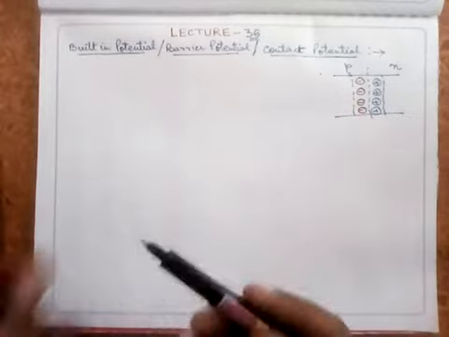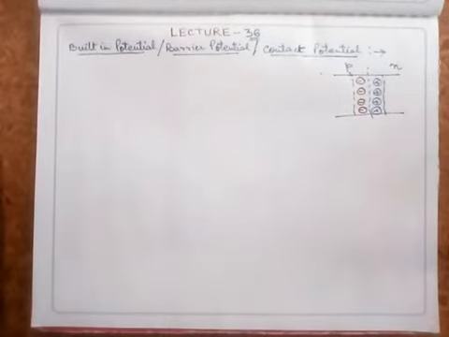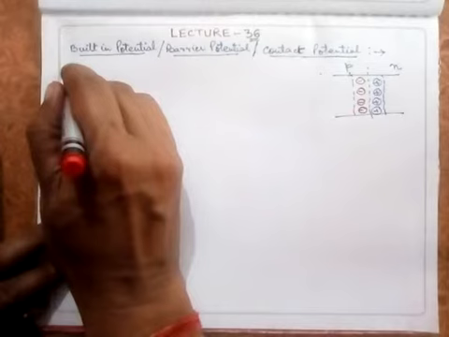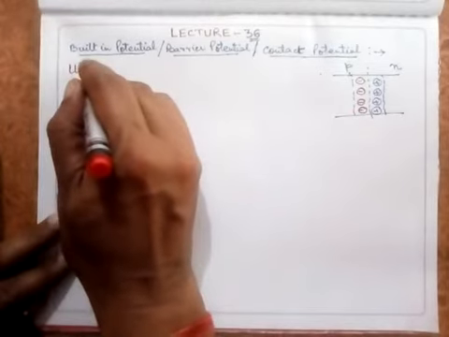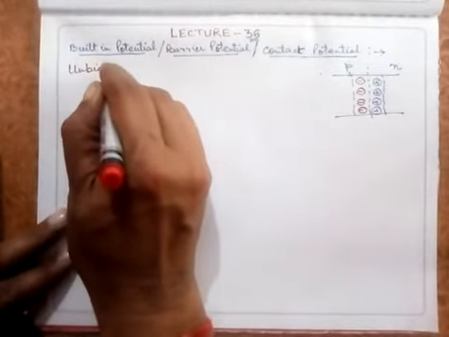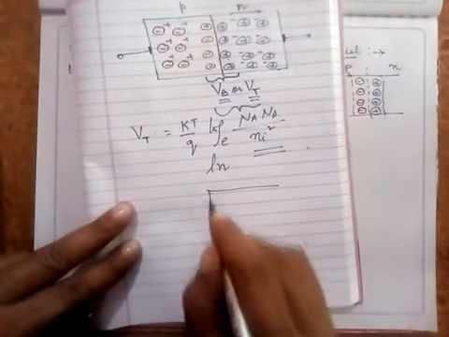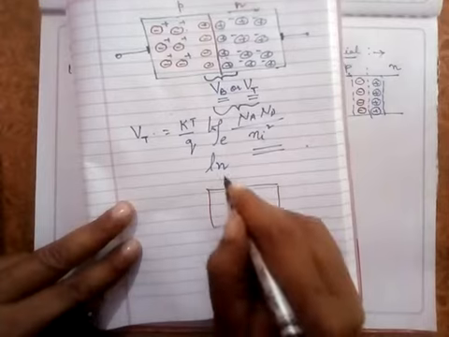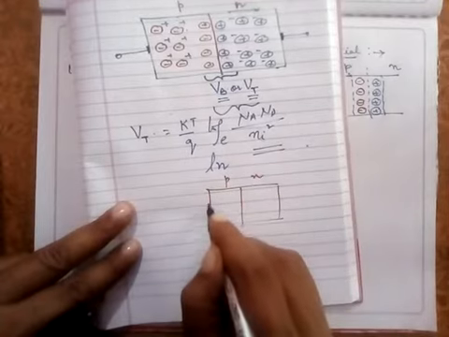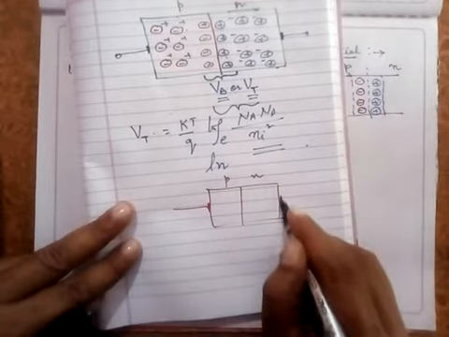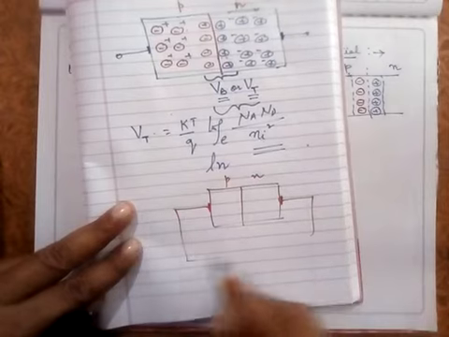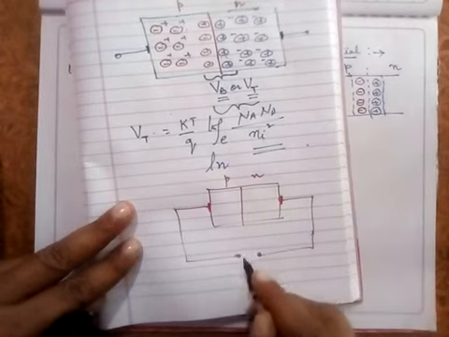Now of course I'll consider that the PN junction is unbiased. Unbiased means this is open here; it is not connected to any battery.